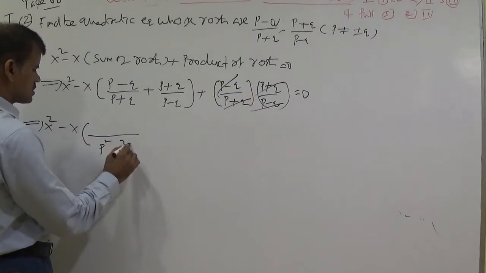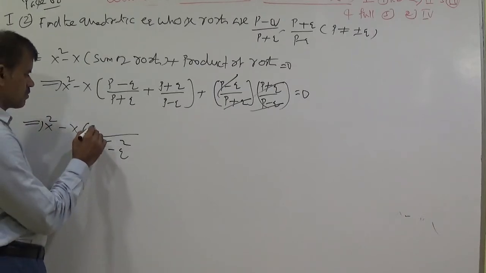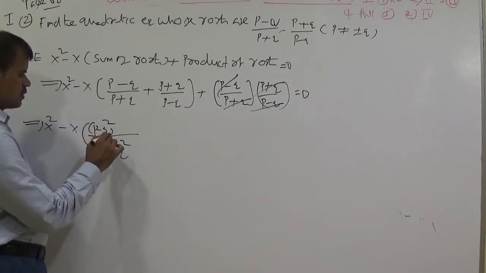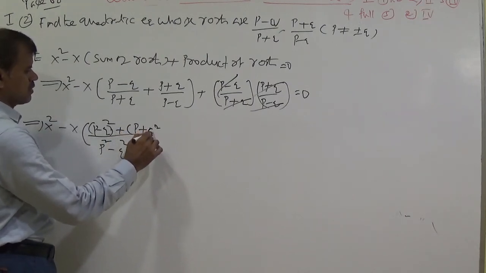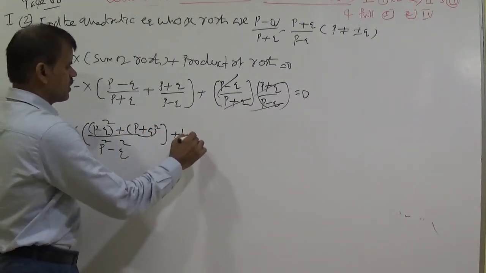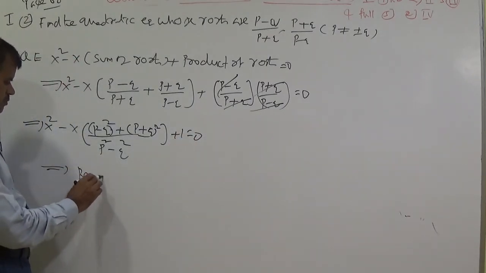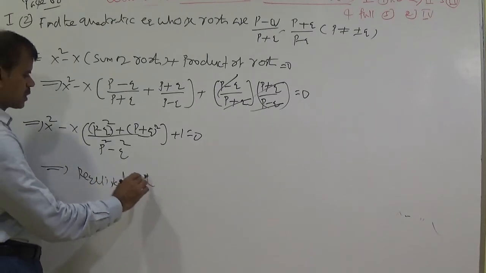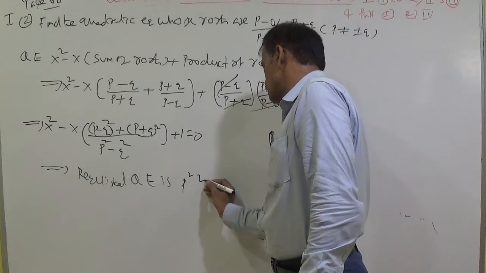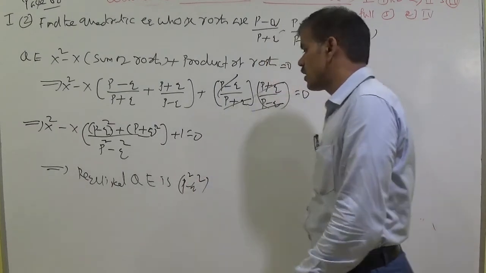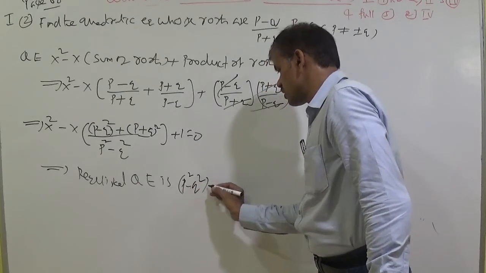Students, here you can understand, in the denominator the LCM of p plus q and p minus q is p square minus q square. Here you can write p minus q whole square plus p plus q whole square, plus 1 equal to 0. Taking LCM, the required quadratic equation has x square term p square minus q square.